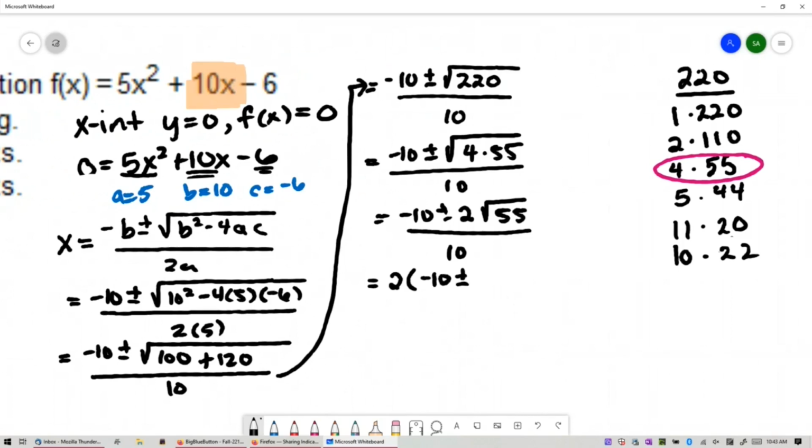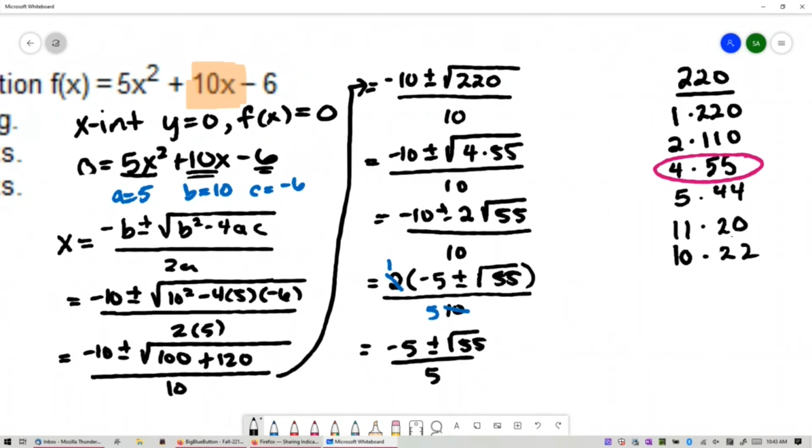So if I factor a 2 out, this becomes -5 plus or minus square root of 55 over 10. And now the 2 and the 10 can cancel. 2 goes into 2 one time, 2 goes into 10 5 times, and that's going to give us -5 plus or minus square root of 55 over 5. So this is an acceptable answer for us.